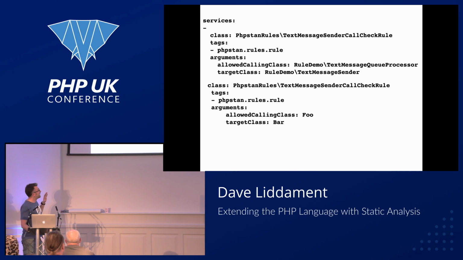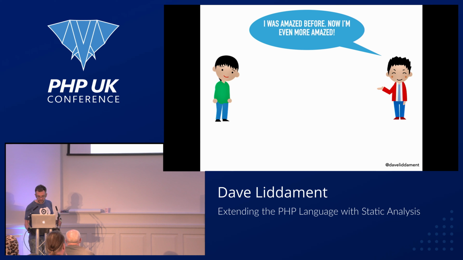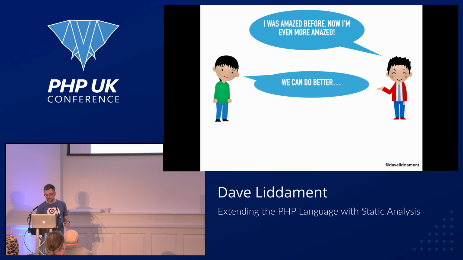So now we've set up a rule that's pretty much generic. It can work for any combination of this class can only be called from this class. So I was amazed before, but this is even better. We've made hardly any changes, and now we have a rule that can be used even on your code bases now, or it can be used on mine in different contexts.